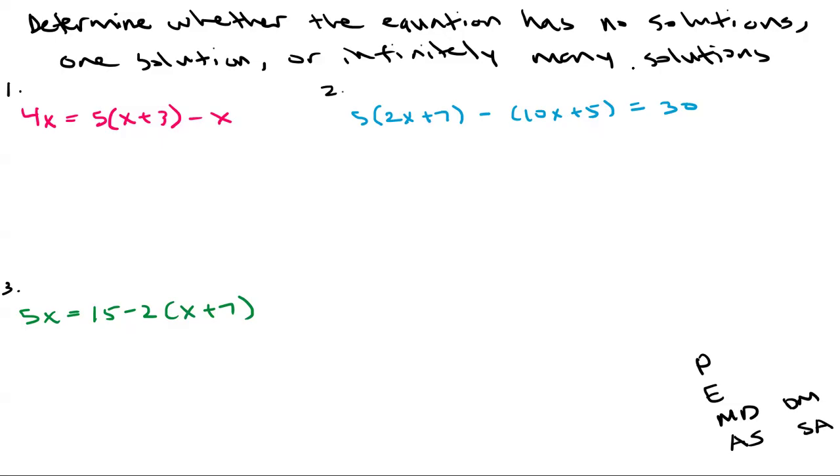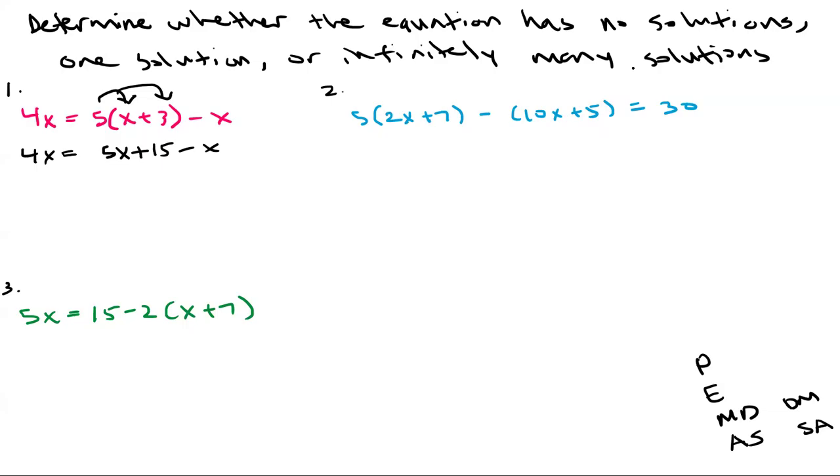Here I'm attacking my parentheses. So x plus 3, I can't simplify that any further. So I need to distribute the 5 to each of the terms, which means I'm going to multiply. We get 5x plus 15 minus x equals 4x.